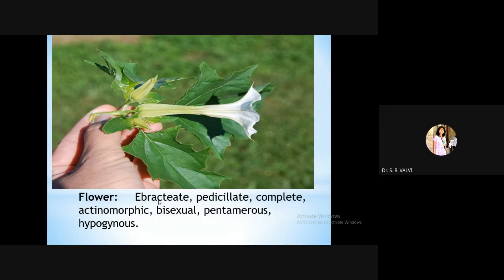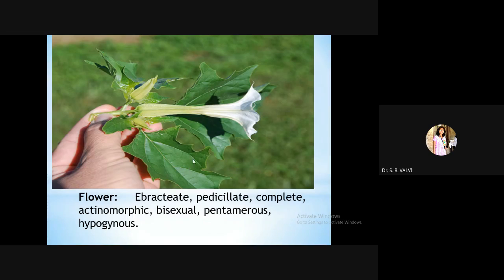These characters are very important as they are going to appear in your floral formula as well as in your floral diagram. So please do remember these characters, because you are going to write the floral formula as well as the floral diagram. These things are again going to help you in your TY as well as in your master's degree. So please do remember these botanical terms.